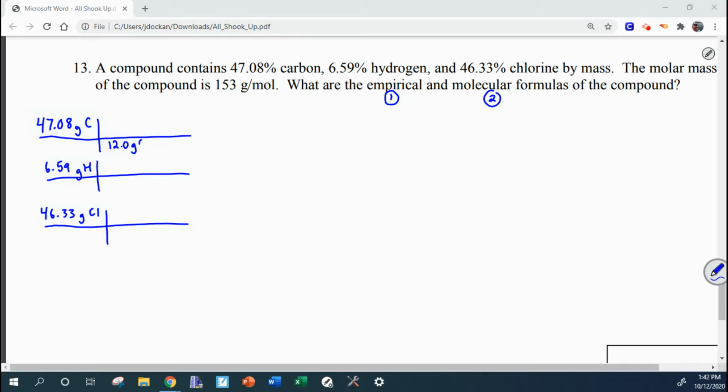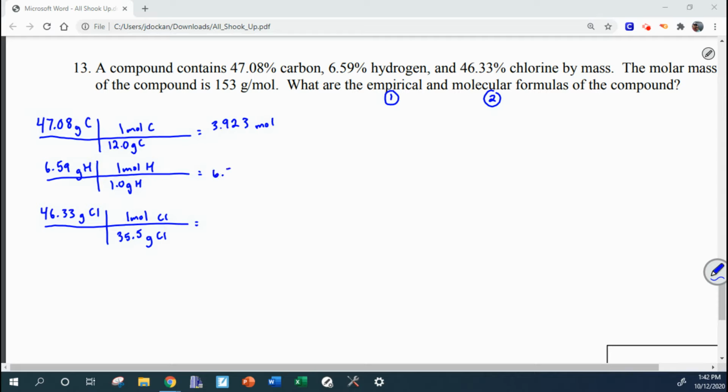12.0 grams of carbon for every 1 mole of carbon, 1.0 grams of hydrogen for every 1 mole of hydrogen, and 35.5 grams of chlorine for every 1 mole of chlorine. Percent to mass, mass to moles. Let's go ahead and calculate this guy. Answers, first part, it's going to be 3.923 moles.